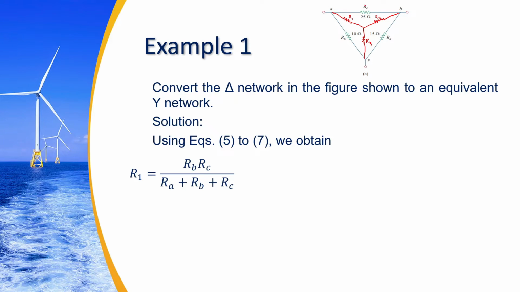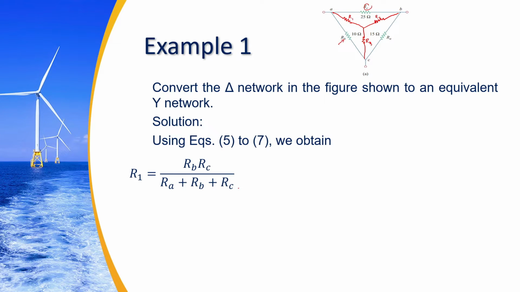Adjacent ng R1 is itong RC at itong RB. Kaya kung makikita nyo sa equation natin, product siya ng RB, RC. And then, kunin lang natin yung sum ng lahat ng resistors natin sa delta. Yun ang ilalagay natin sa denominator.